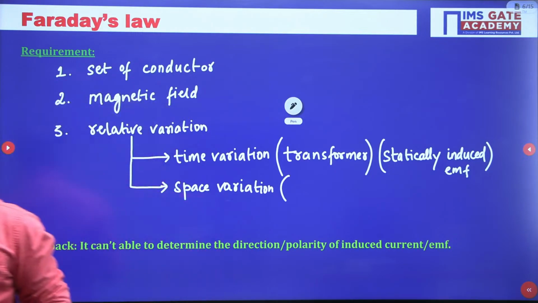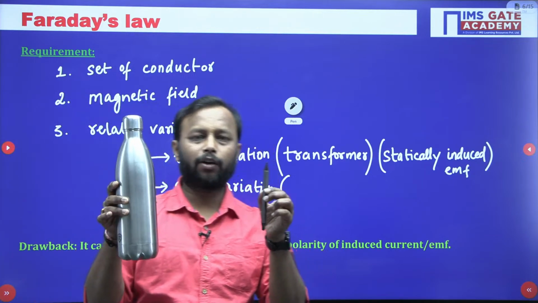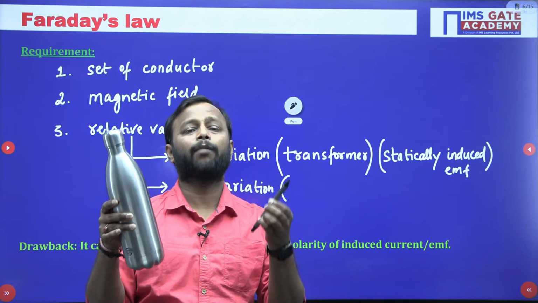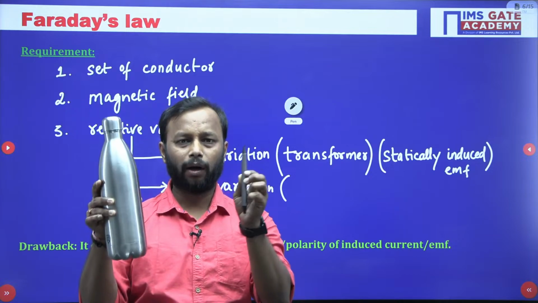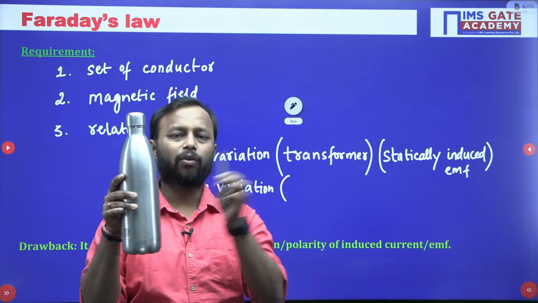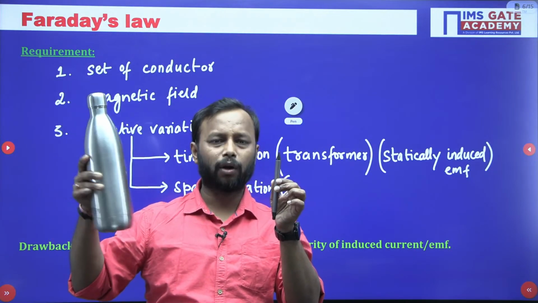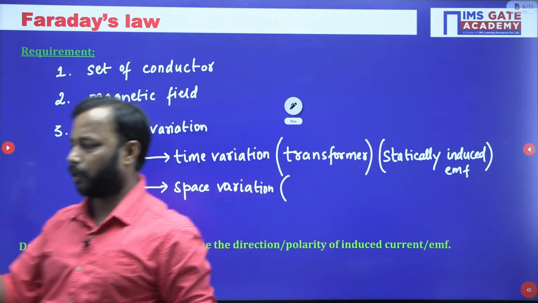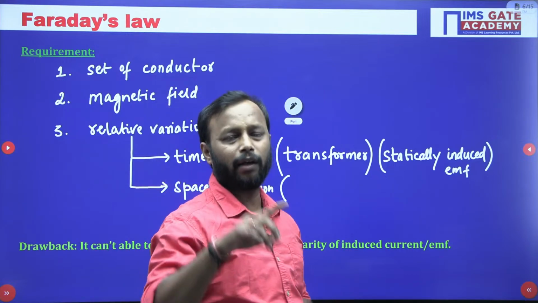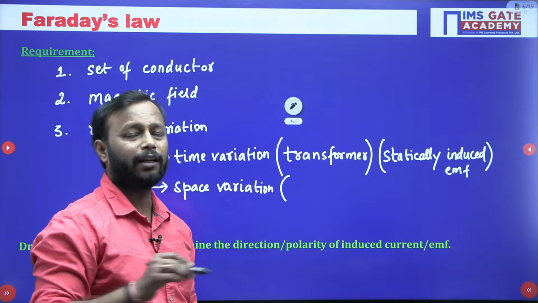See, let me take an example. We have two bodies here. Now I want a relative motion between these two. तो वो कैसे होगा? या तो ये पेन is going to move, then you are going to have the relative variation, or else this bottle is going to move, then also you are going to have a relative variation. In the same manner, in the first, magnetic field or flux is varying, and in the second your conductor is moving.